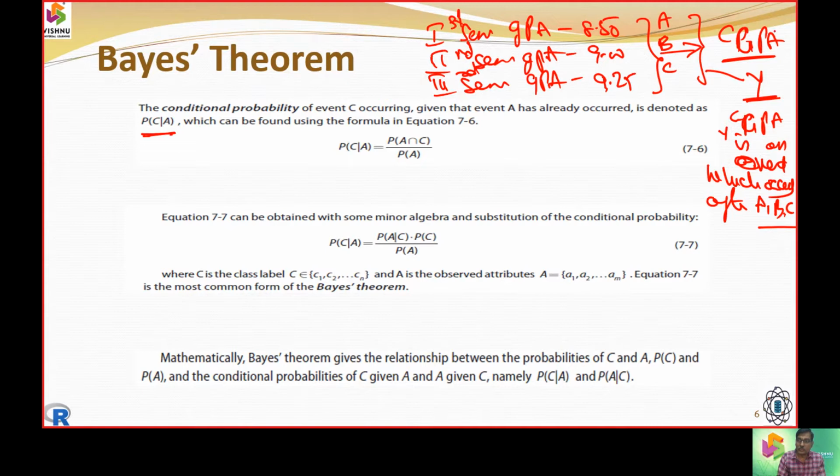So when is CGPA done? It is based on the conditions 8.0, 9, and 9.25. That is A, B, and C. If all these three things happen, then only the CGPA is going to be computed.